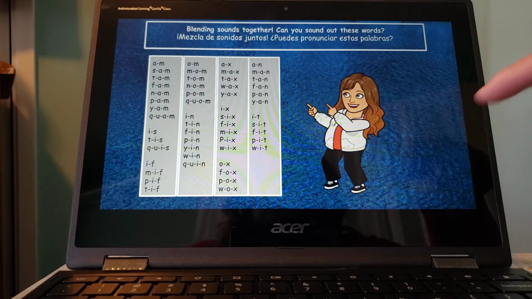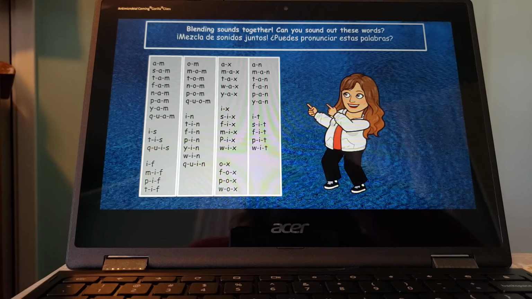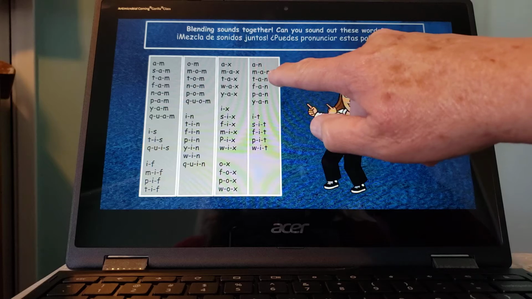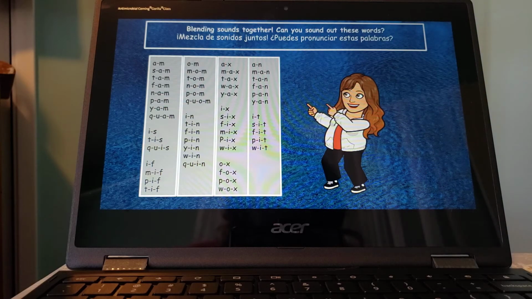From there, we use blending sounds together. This is how we figure out how to read things. These are all the letters we have learned, and most of the words, or some of them, are made up words where they're just sounding it out, but they should be able to do that. Like every day, just go through that list, and it would be like n, and man, where each sound, and then they put it together.